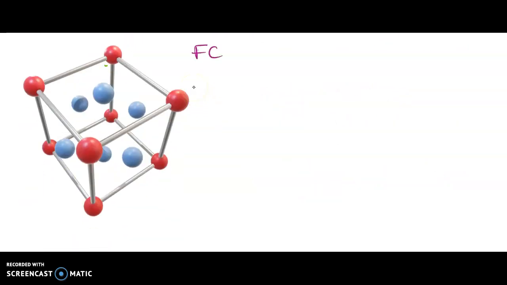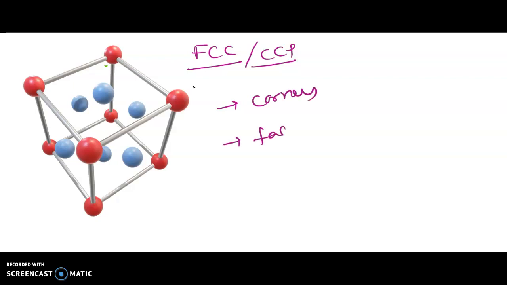In the next one we can see FCC. FCC is also known as CCP. FCC and CCP both have similar lattice points. So here in FCC, atoms are present at corners and face centers. Corners are 8 and the contribution is 1 by 8, so effective atoms will be 1.